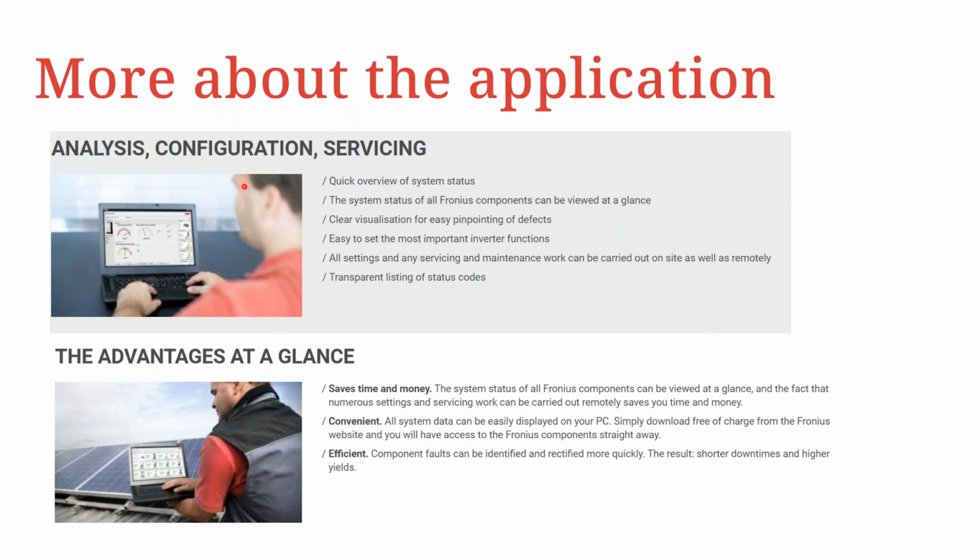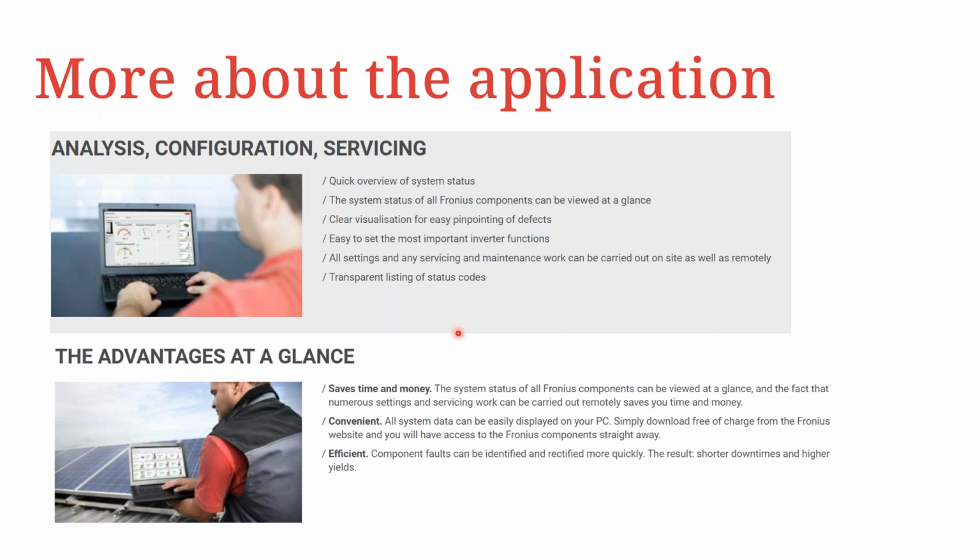So for analysis, configuration, as well as servicing, you can do quite a lot of things at a glance. You can have a quick overview of the system. You can see the system status of all the components that are connected to that particular communication loop. You have a clear visualization and easy pinpointing of defects.